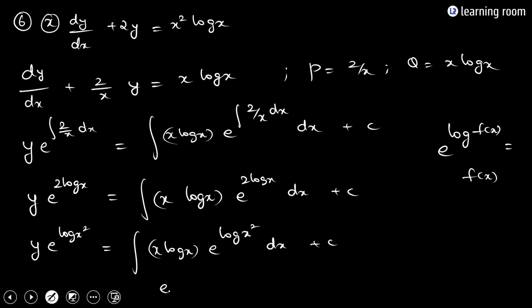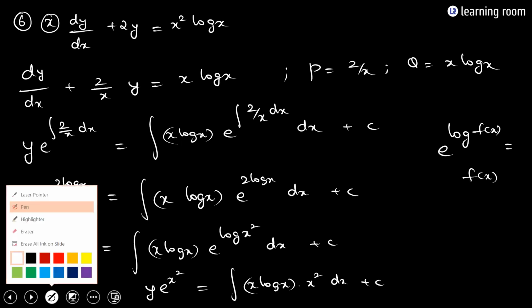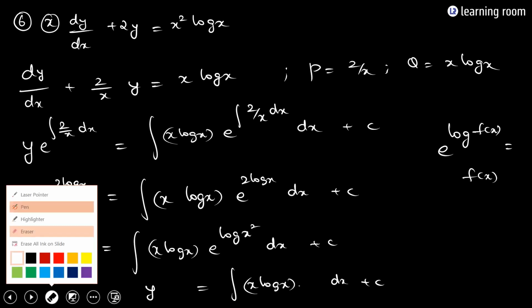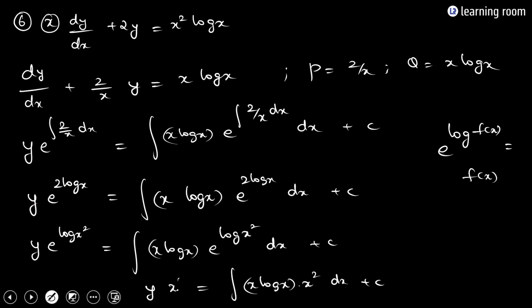So this would be y into x square is equal to integral of x log x into x square dx plus c.